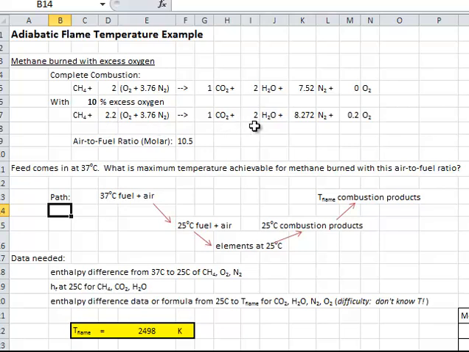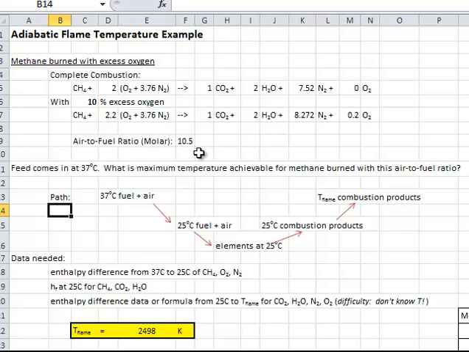It's not going to change the amount of CO2 or H2O formed, but I will have extra nitrogen coming in with that oxygen, and I'll have some leftover oxygen. In this case, I have an air to fuel ratio on a molar basis of 2.2 times my moles of air, which is oxygen and nitrogen, 4.76, divided by my 1 mole of methane, giving me an air to fuel ratio of 10.5.